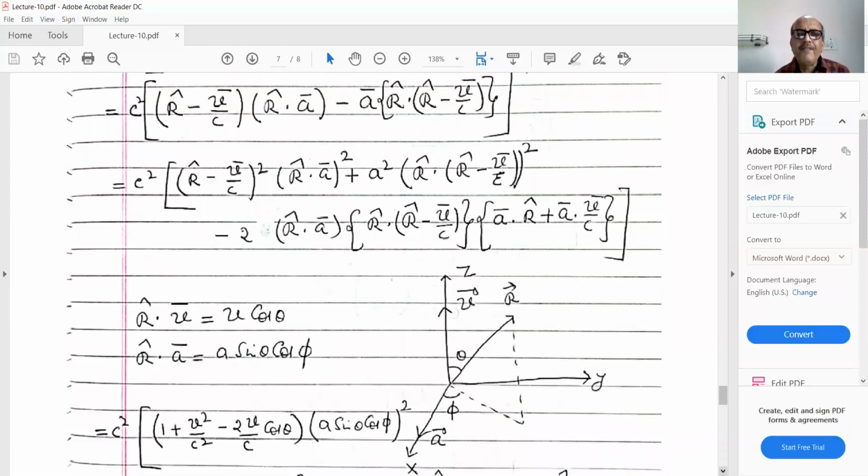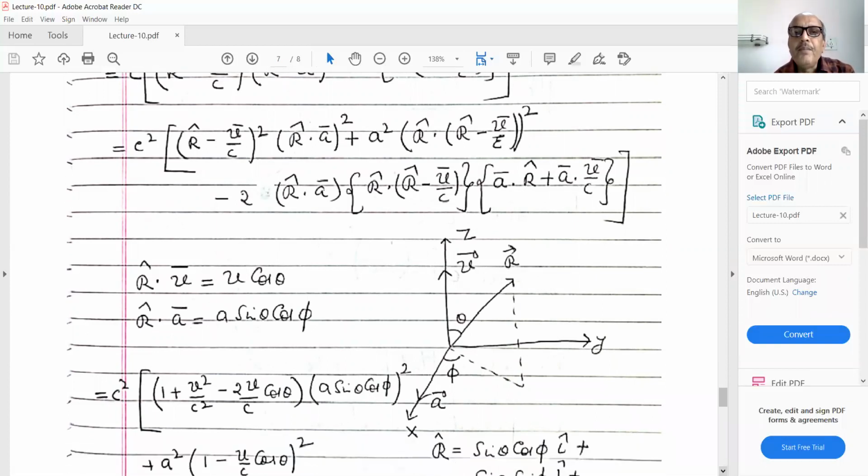Let us now take the value of r cap. We make use of the spherical polar coordinates. In spherical polar coordinates, we have chosen the velocity along the z-axis and the acceleration along the x-axis. Suppose r cap is somewhere here. It is making angle theta with the z direction.